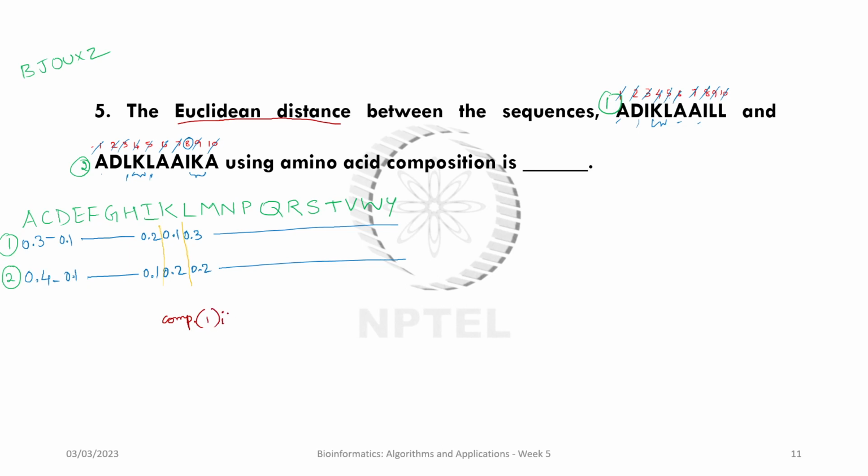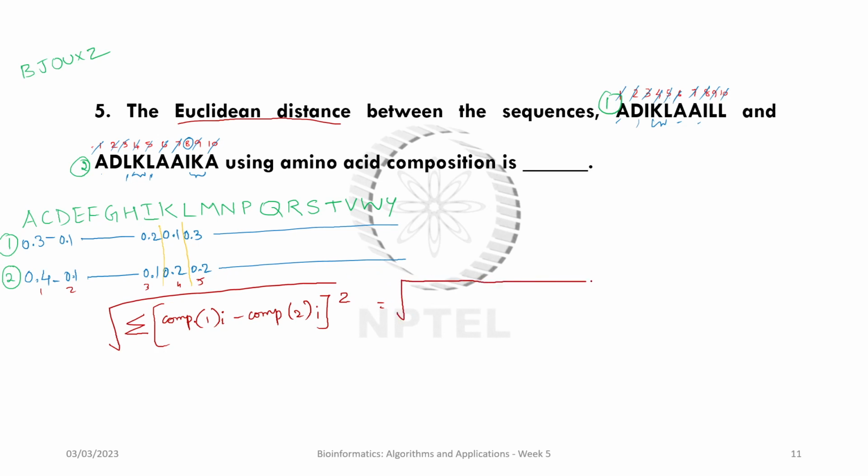Composition of 1 at i minus composition of 2 at i, you square it and sum all such. So you have five places only. You add all those and take a whole root of these.